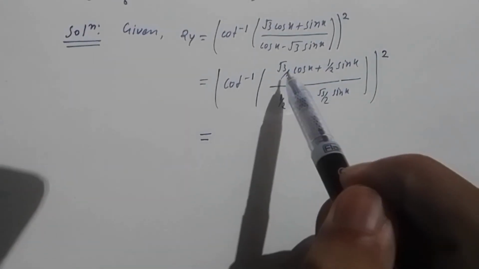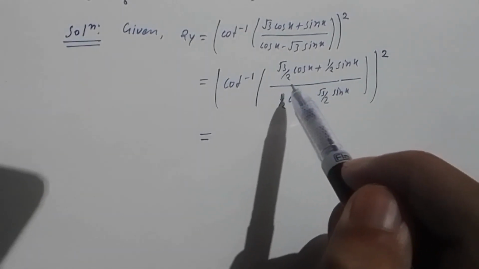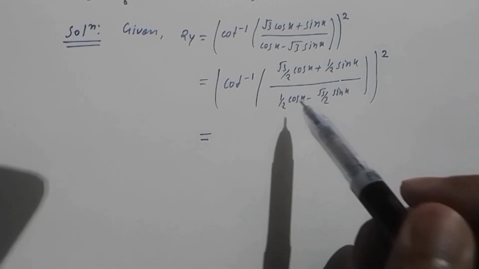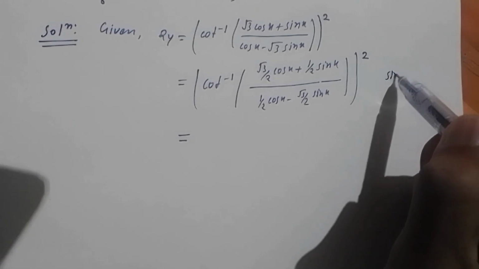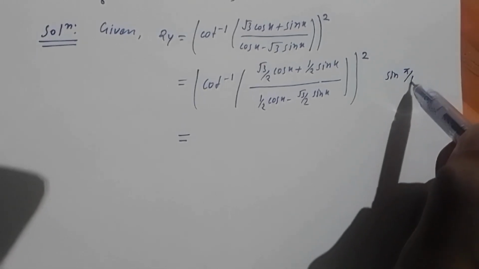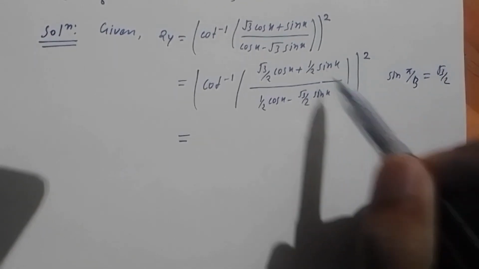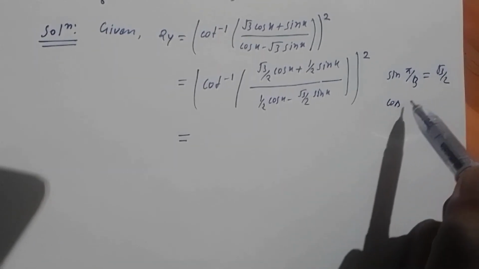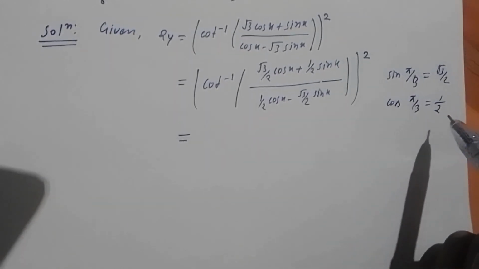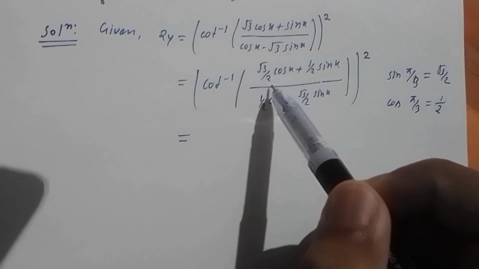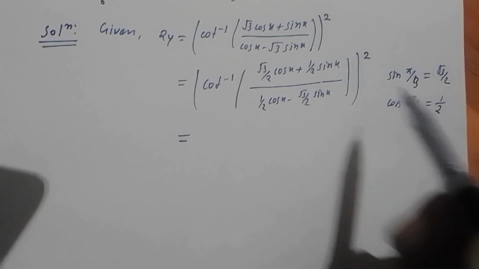Now from here, root 3 by 2 and 1 by 2 can be related to trigonometric functions. As we know, sin pi by 3 is equal to root 3 by 2 and cos pi by 3 is equal to 1 by 2.